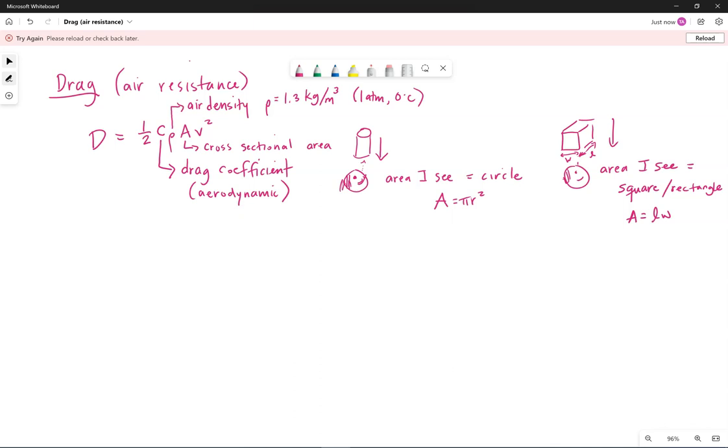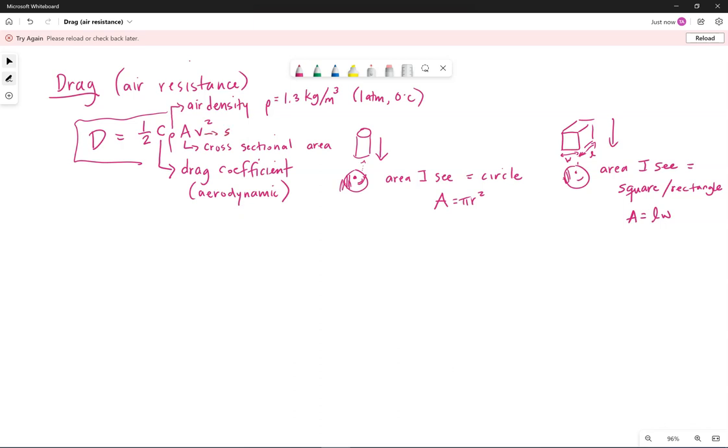If the length and width were equal, then I would be seeing a perfect square. If they're not, then I see the rectangle. So in this approximated equation for drag, that capital A represents the cross-sectional area I see as the object is coming at me. Not the three-dimensional, just the two-dimensional.